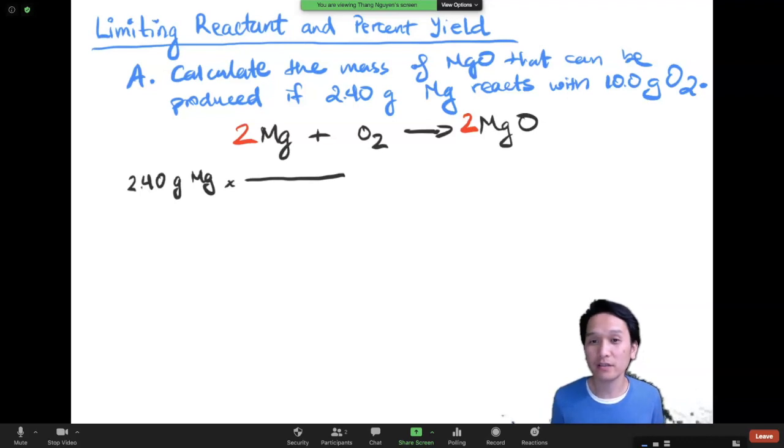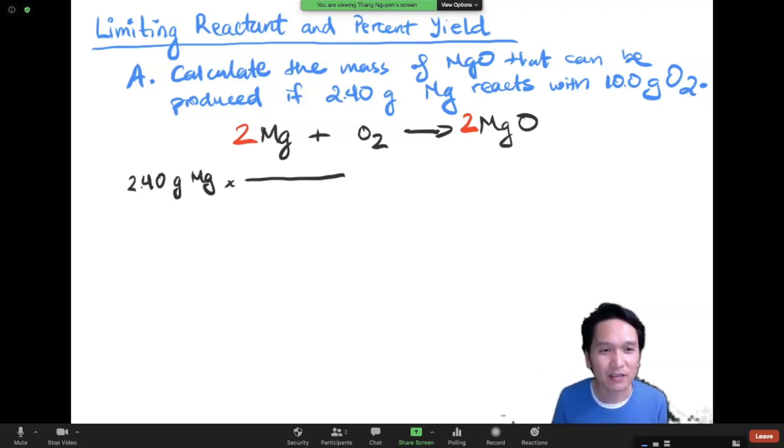So how are we going to calculate the mass of magnesium oxide, the product that we can make? Given that we start out with 2.40 grams of magnesium, this sounds like a problem we did in the previous lecture, because you need to go from grams of something to grams of something else, right? The mantra of grams to moles to grams, right?